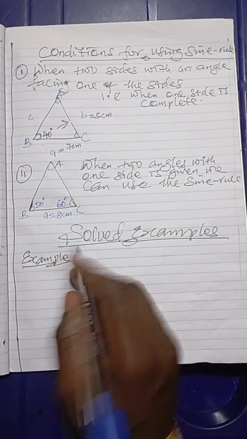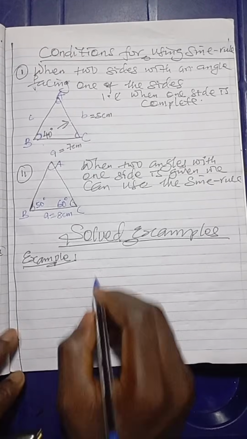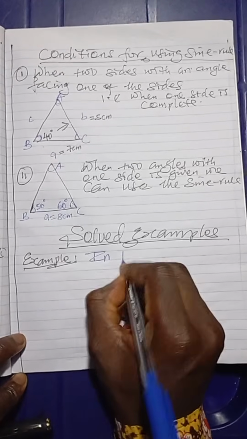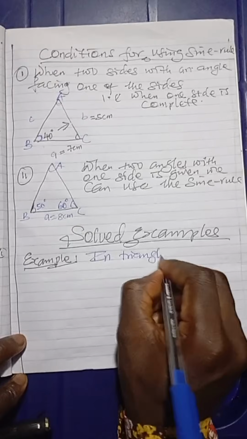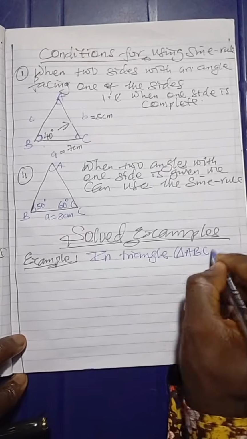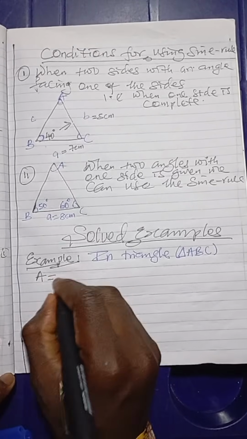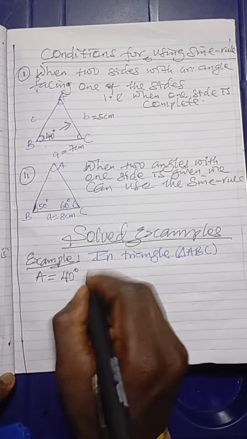So, solve the example 1. In triangle ABC, I have that A is equal to 40 degrees.